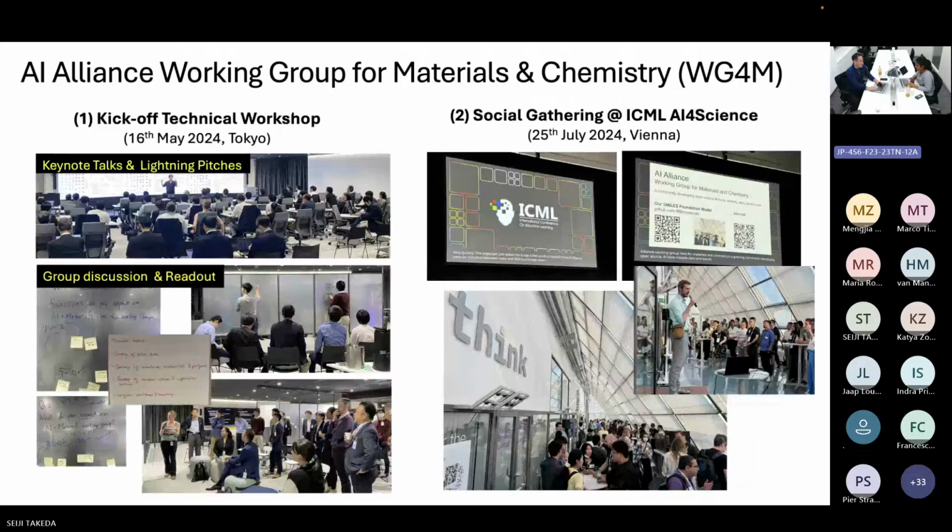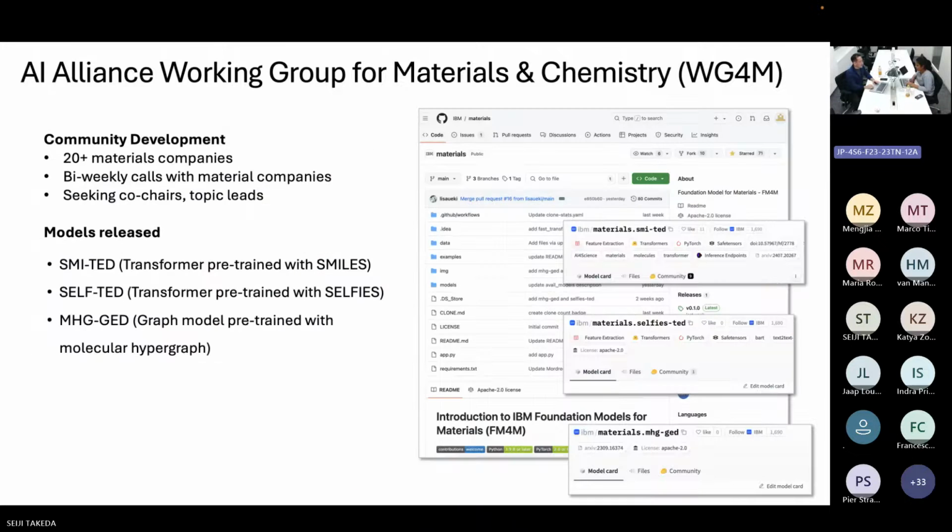Okay, so like this, with organizing these events and seminars and technical meetings with a lot of material companies, more than 20 material companies and academic institutes are joining this activity. And we are building a foundation model. So recently we released 3 foundation models ourselves.